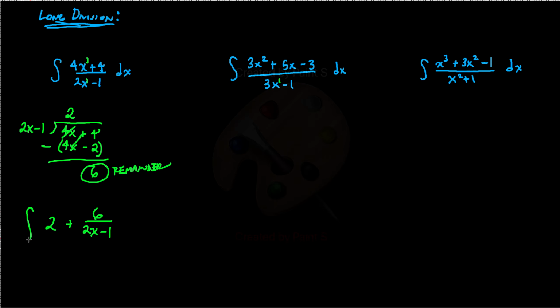And now I just want to find the integral of this right here. And what you get is that the integral of 2 is just 2x plus 6 times the antiderivative of 1 over 2x minus 1 dx.